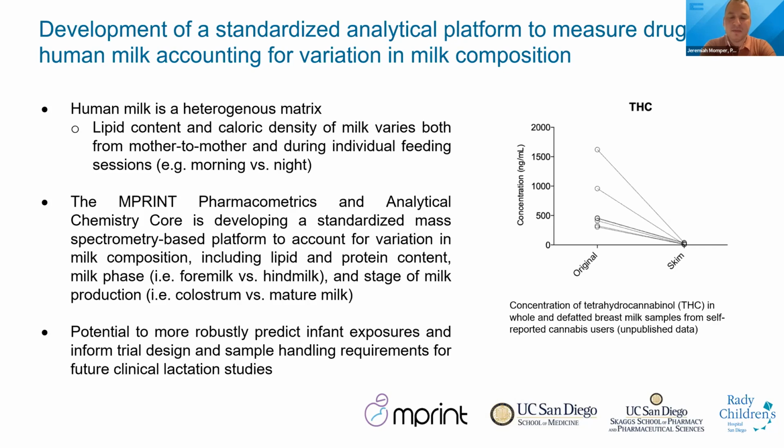So when we defatted the milk, original versus skim, so to speak, you saw a dramatic reduction in the THC concentrations. And that's what you'd expect for lipophilic compounds such as THC, but nonetheless underscores the importance of better understanding the matrix as it relates to contextualizing data when you have milk concentrations.